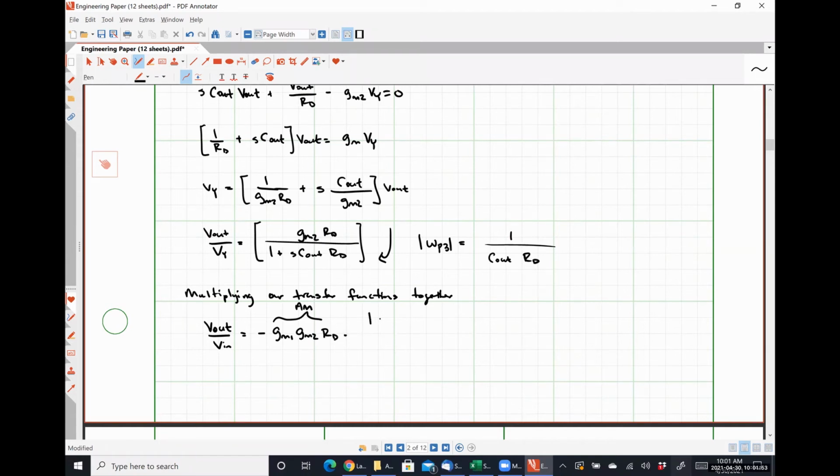Times 1 minus S CGD1 over GM2 divided by, I don't want to call this A, so we'll say 1 plus S over omega P1 times 1 plus S over omega P2 times 1 plus S over omega P3, where we've already defined all of our pole frequencies, which finally gives us a 0 then, omega Z of GM2 over CGD1.